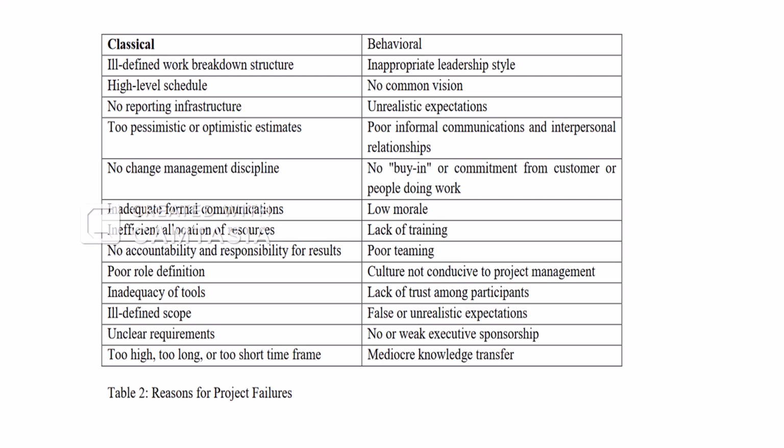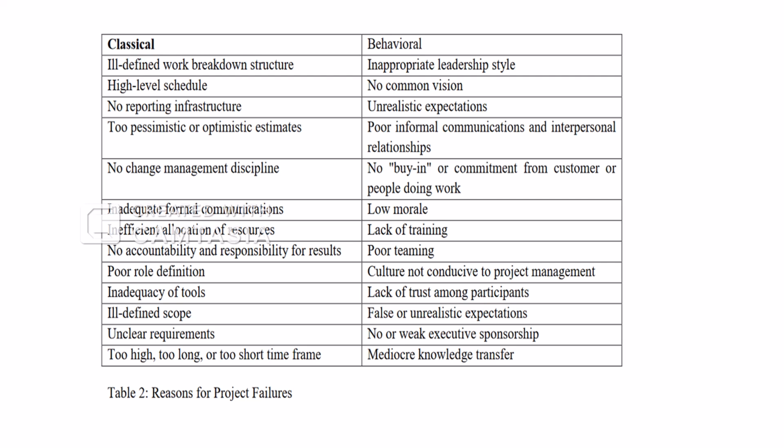In classical approach, ill-defined work breakdown structure, high-level schedule, no reporting infrastructure, too pessimistic or optimistic estimates, no change management discipline, inadequate formal communication, inefficient allocation of resources, no accountability and responsibility for results, poor role definition, inadequacy of tools, ill-defined scope, unclear requirements, too high, too long, or too short time frame will lead to project failure.